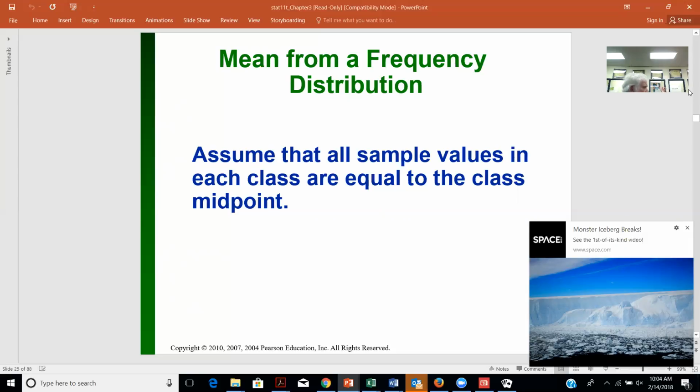So now, if we wanted 3 ranges, our class width would be 6. And we would start it in a way that would give us data in each class. We could start it at 2 still. So it'd be 2. The next class would start at 8. The next class would start at 14.